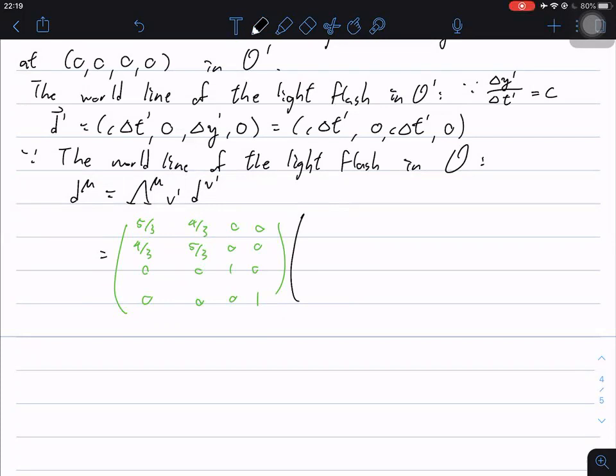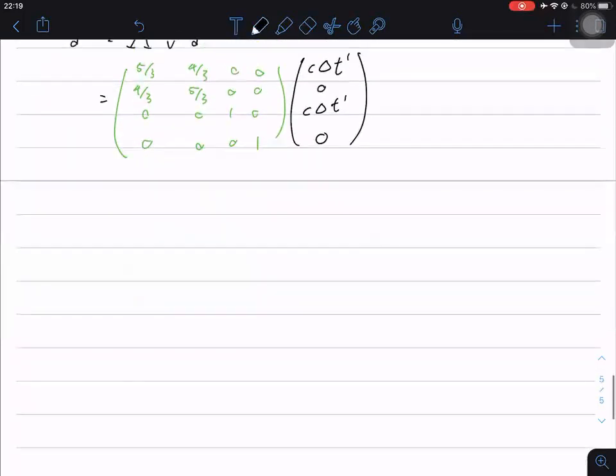And the d prime is c delta t prime, 0, c delta t prime, and 0. So it is equal to 5/3 c delta t prime, 4/3 c delta t prime, c delta t prime, and 0.